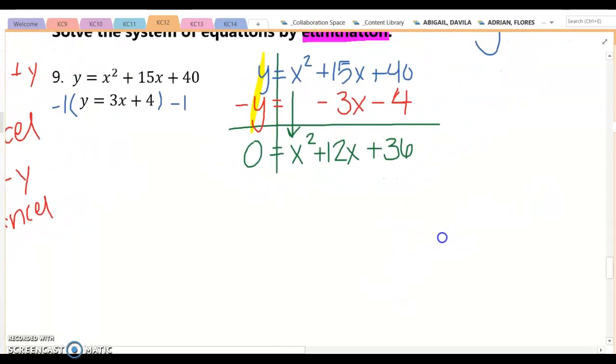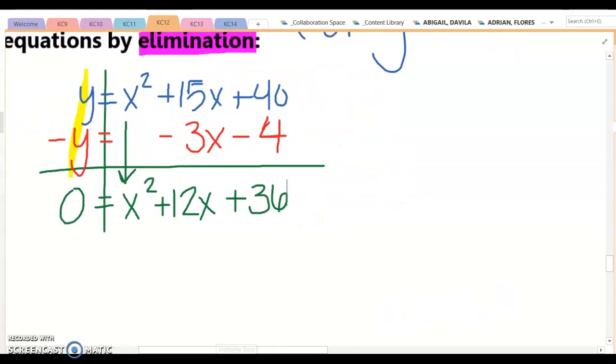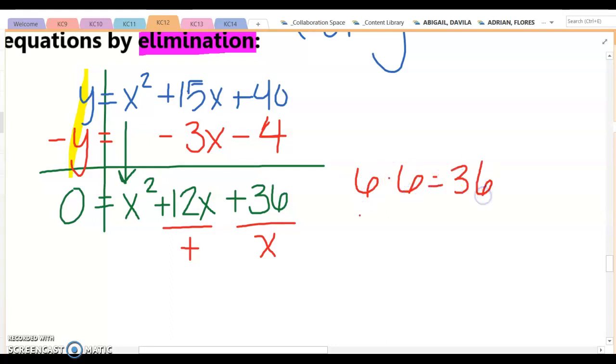We know what to do with that. Now that we've gotten rid of y, all we have is x's, and we know how to solve this, right? We've done that a bunch of times, so we need to figure out what multiplies to get 36 that when you add, you get 12. If you do 6 times 6, you get 36, and if you do 6 plus 6, you get 12, right?